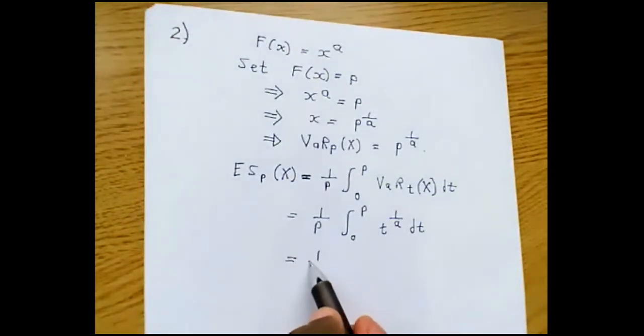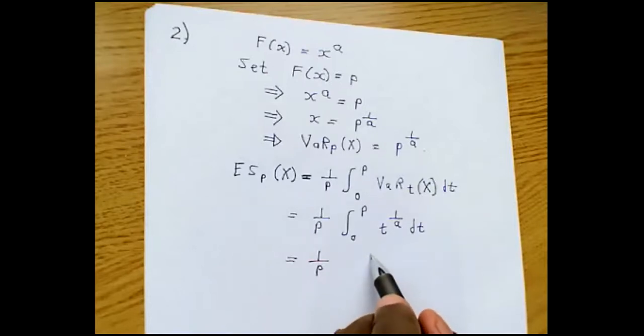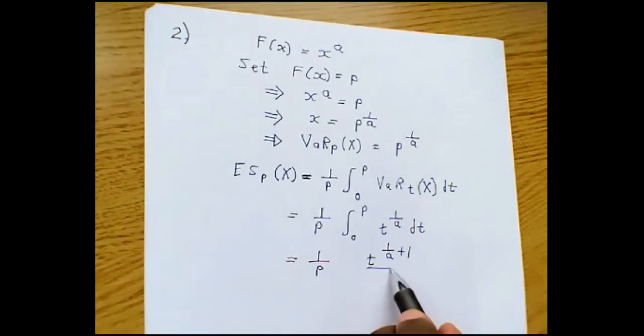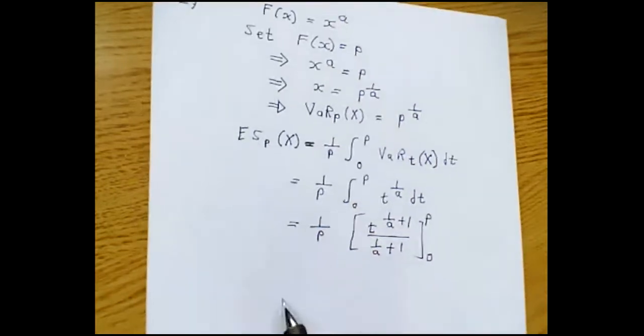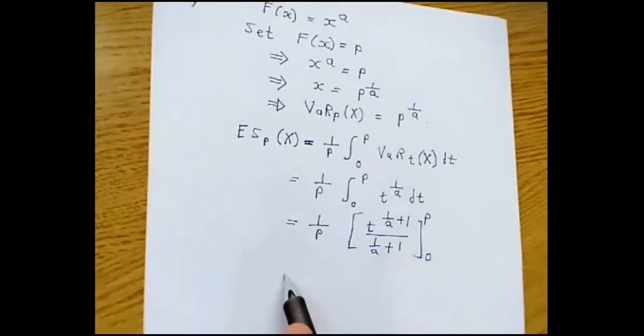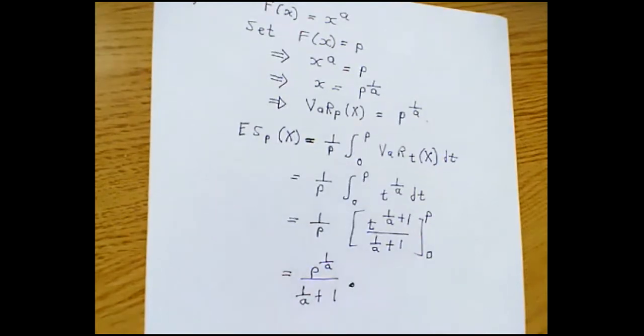This integral is easy. You take the limits from 0 to p. The limit at 0 is 0, so the final answer will be p to the power this divided by this.